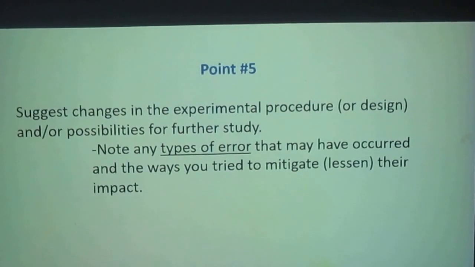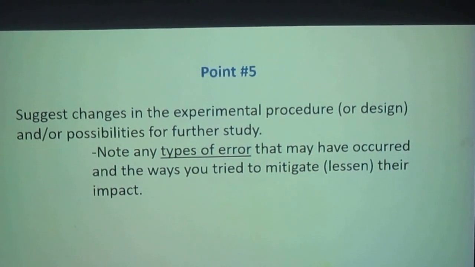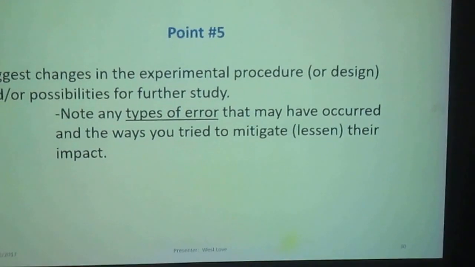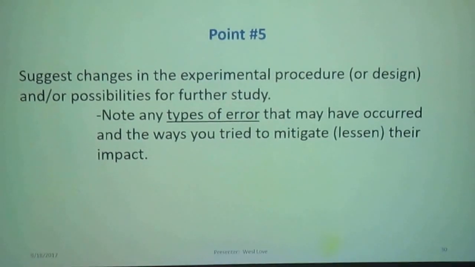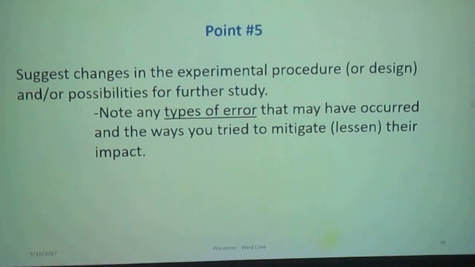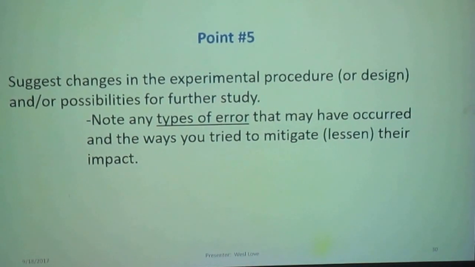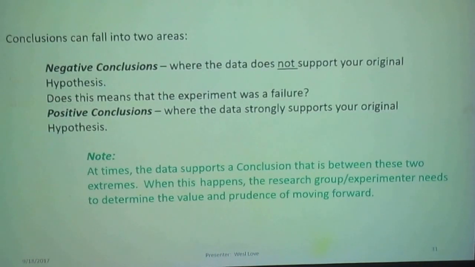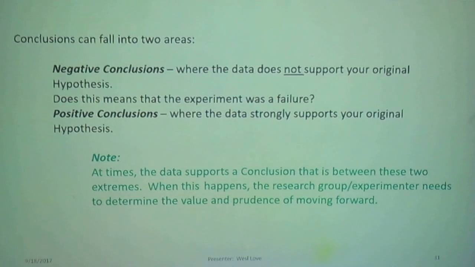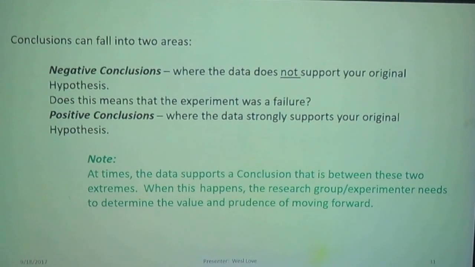Now, there's another aspect that's missing in most conclusions. If you're going to be objective, you have to realize that error creeps into any investigation. It's unavoidable. There are two basic types of error that can affect our conclusions.